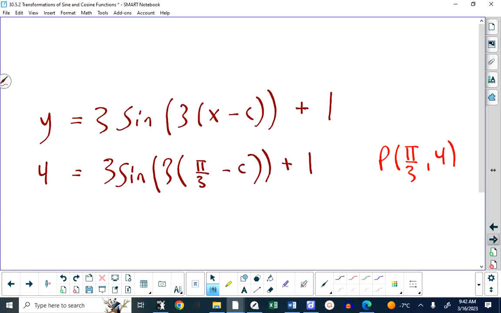So I'm substituting in my x and y. If I subtract 1 from both sides, I get 3 equals. And then if I divide both sides by this 3, I get 1 equals. So I have 1 equals sine of this thing.